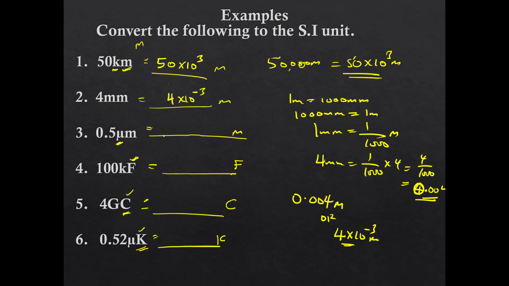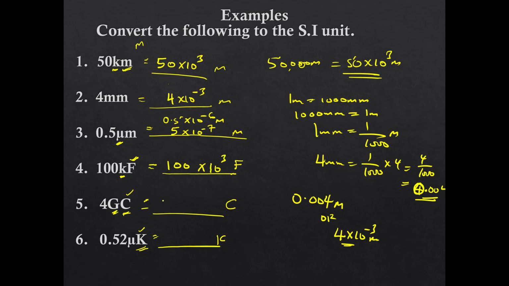Micro means divided by a million. So this is 0.5 times 10 power negative 6 meters. But in the standard notation, you can write this one as 5 times 10 power negative 7 meters. Okay. Kilo, you know what it means. So it is 100 times 10 power 3 farads.